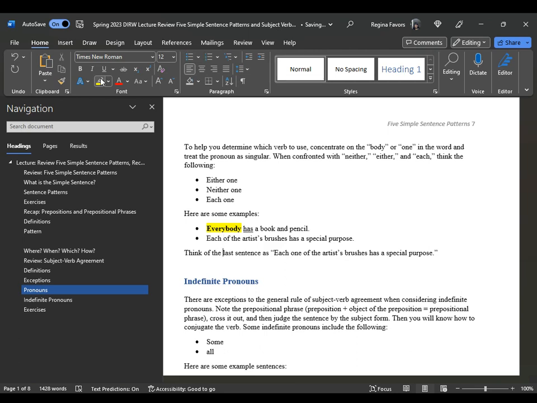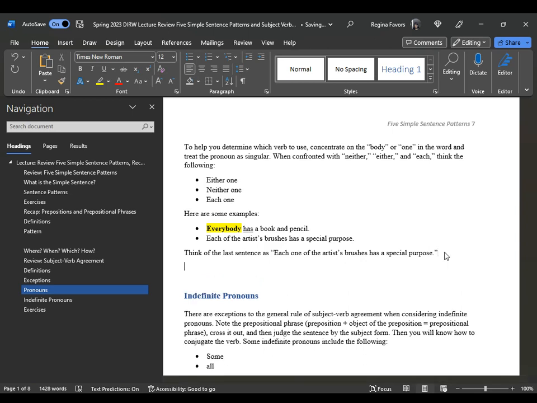So here is an example, and then I'm going to write another example. Think of the last sentence as each one of the artist's brushes has a purpose. Now, in removing the prepositional phrase, each artist's brushes has a special purpose.